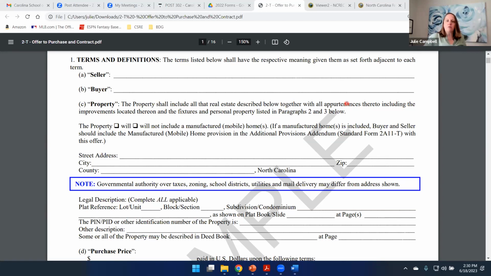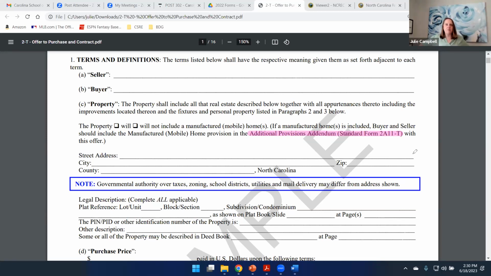This property will or will not, one or the other, include a manufactured mobile home. If there is one included, buyer and seller, it's suggested that they complete the manufactured mobile home provision in the additional provisions addendum with this offer. One thing I like about our offer to purchase and contract a whole lot, when there's a need for us to use an addendum, it tells us.